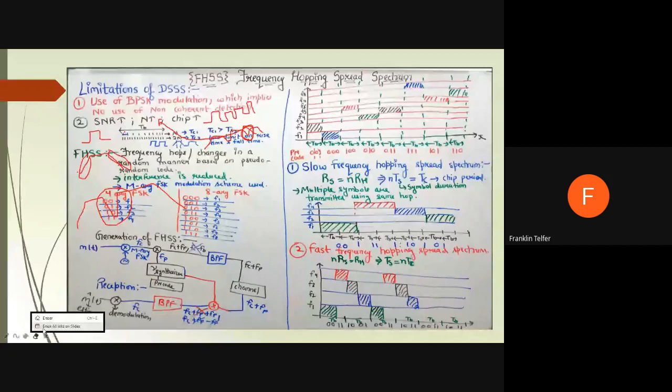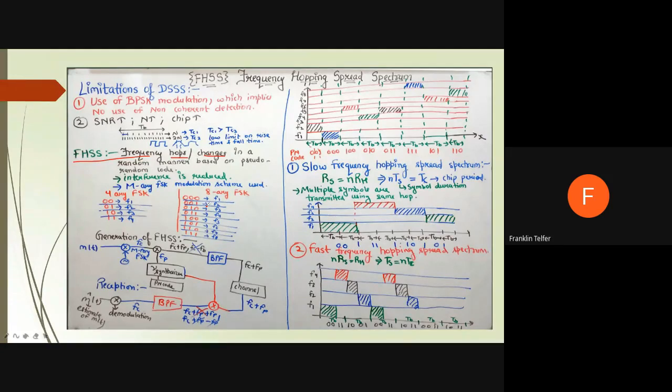So that can be overcome by FHSS, frequency hop spread spectrum. This hopping defines change in a random manner based on a pseudo random code. So nothing but the frequency will be changed in a random manner, based on the given PN sequence code.